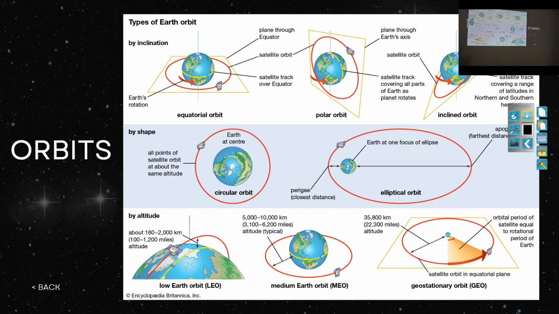So, it will not be just above the equator, it will remain inclined. The shape will be like inclined, but the height will be around 36,000 kilometer for geosynchronous.